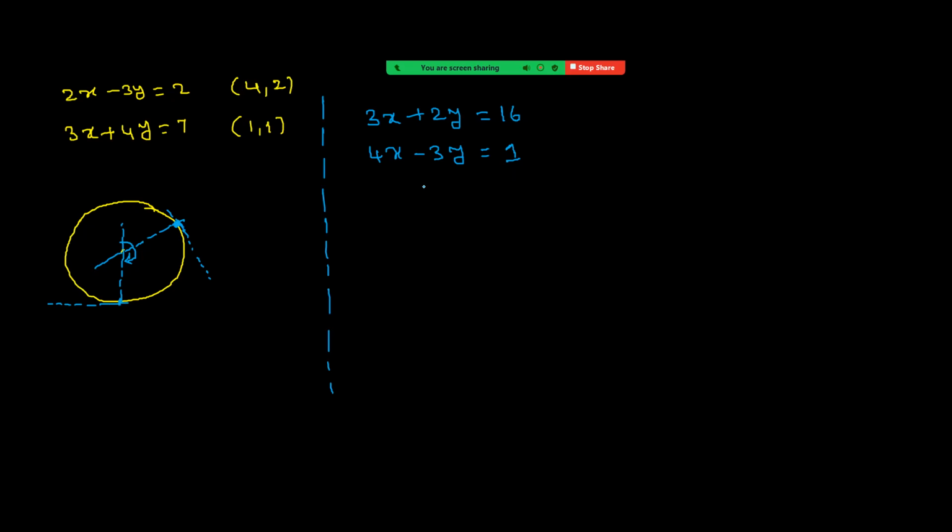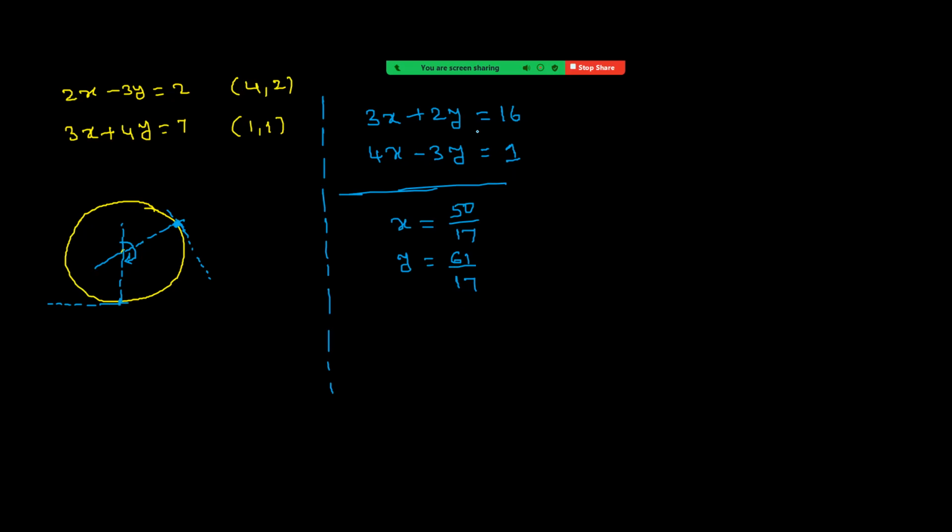So we got now two line equations. We have to find the point of intersection of these two lines, right? And if you simplify this, we are going to get x and y. So x value is 50 by 17 and y value is 61 by 17.